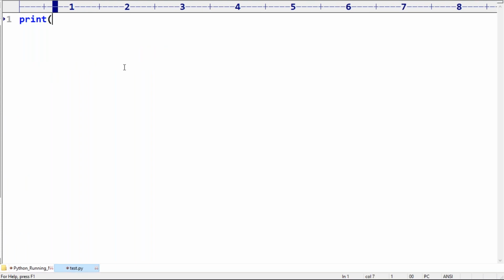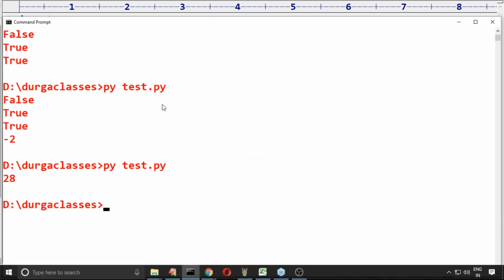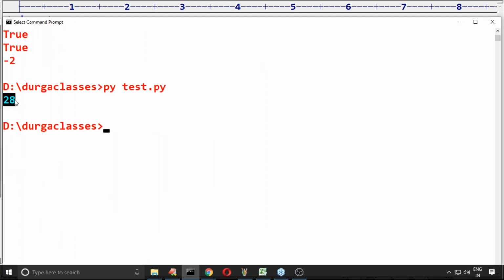Import sys, then sys.getsizeof of 10. How many bits are reserved? 28 bits. Can you please confirm? 28 bits reserved for 10.